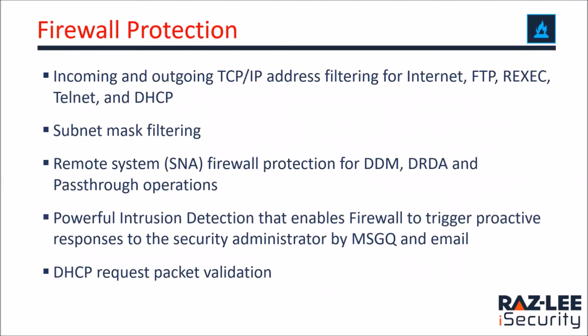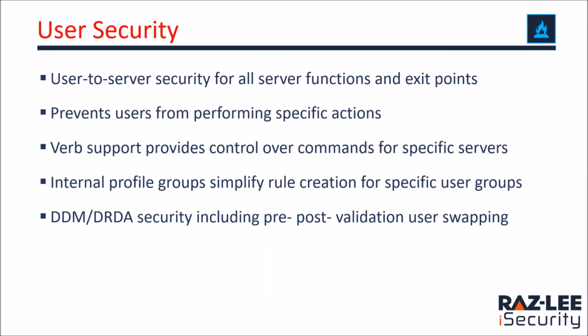The firewall protection is very important because it does outgoing and incoming TCP/IP address filtering, and it also protects FTP, Telnet and DHCP. So it takes care of server functions and exit points and can prevent the user from performing specific actions.